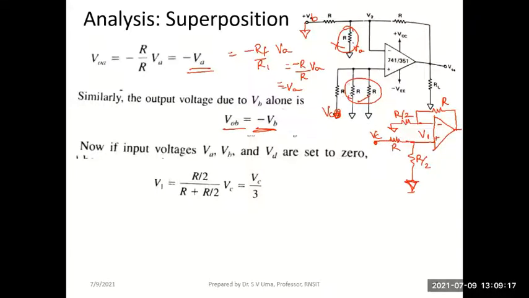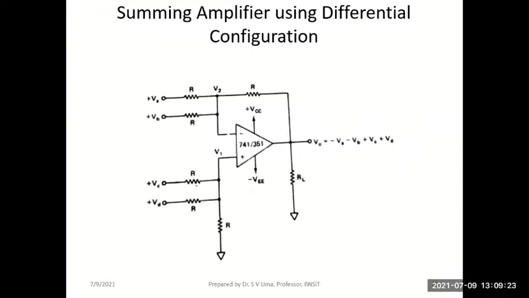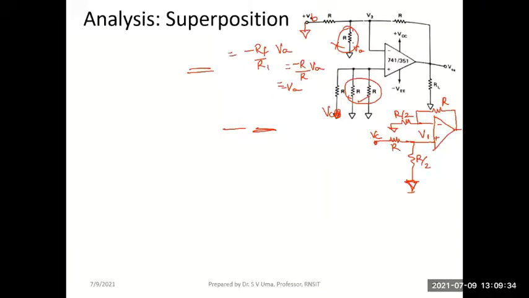What I'm trying to do here is, I'm considering the voltage VC to be active. If this is active, this is grounded and all these are grounded. And for that, I showed you the equivalent circuit. Because VC is active through this resistance R and I have two more R's which are grounded, which are in parallel, their effective resistance here will be R by 2.